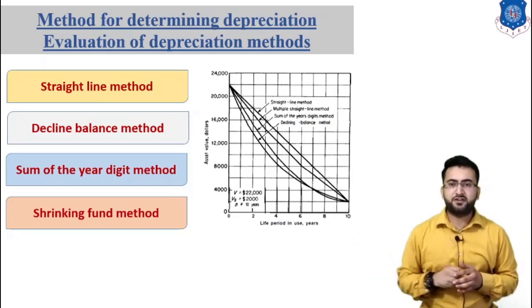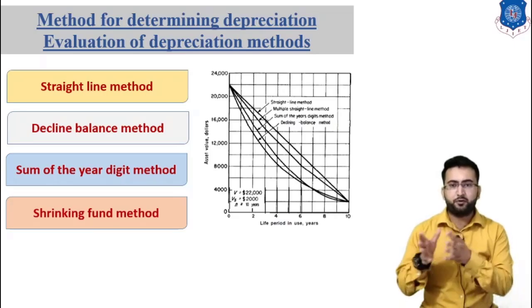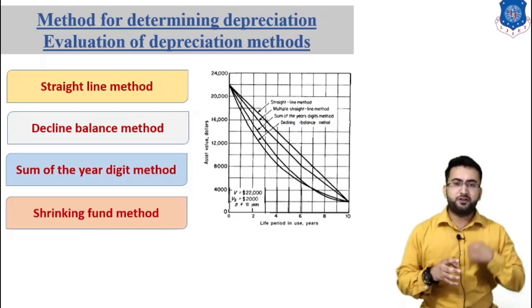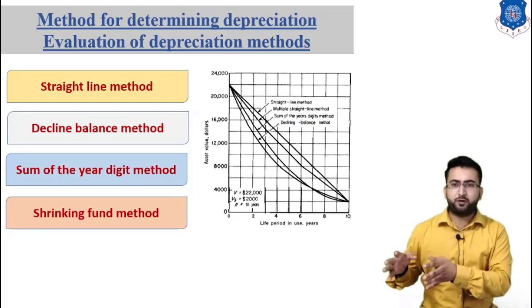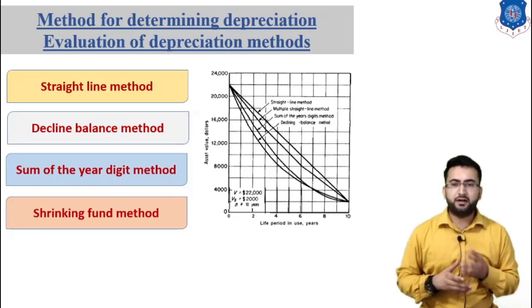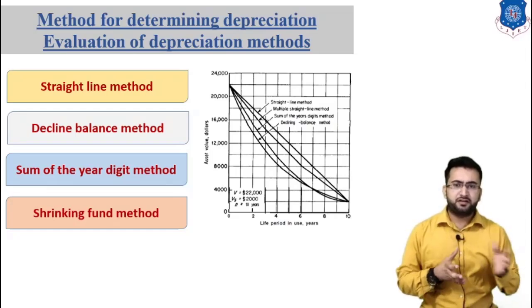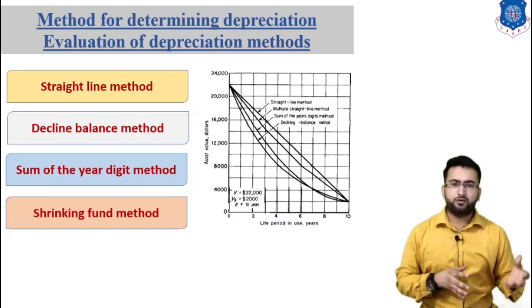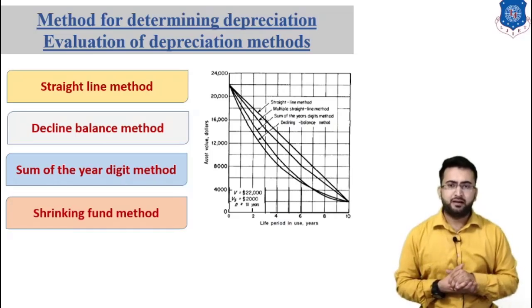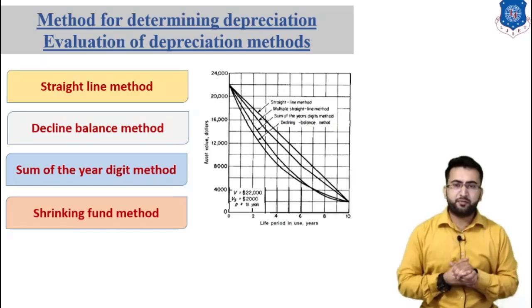Physical depreciation means a change in the price of any product due to a change in the physical characteristics of that product. There are various reasons for physical depreciation, such as wear and tear, corrosion, and accident. Then we talked about functional depreciation.